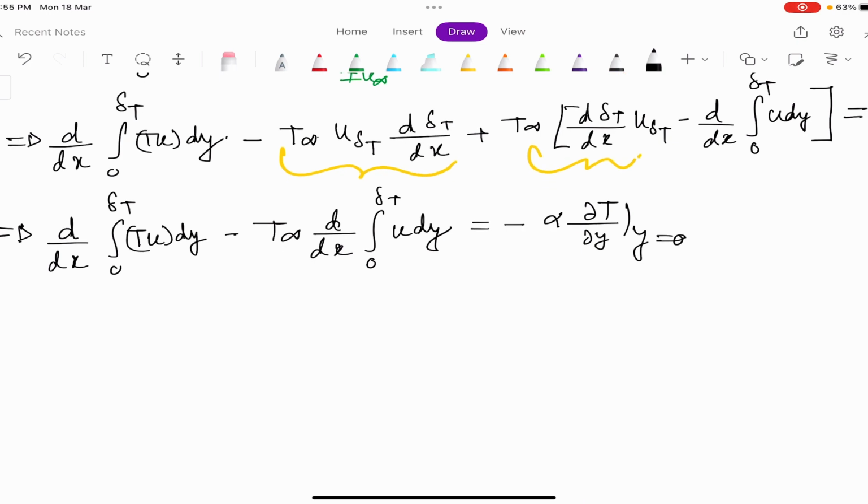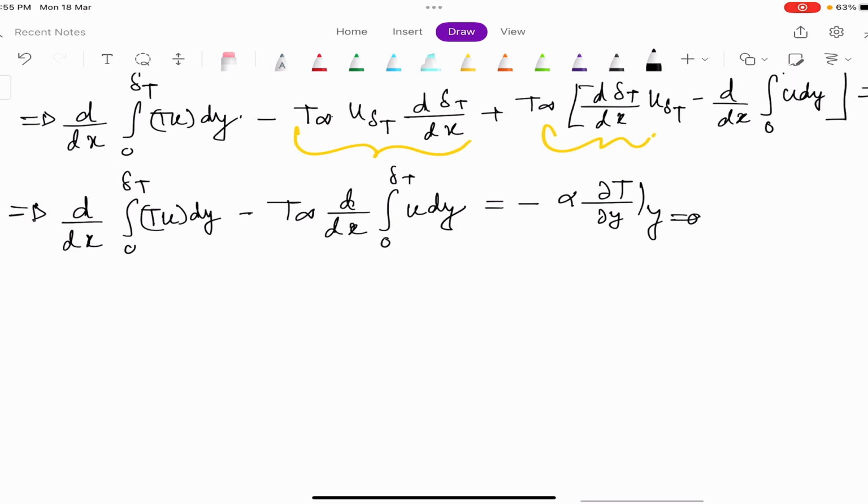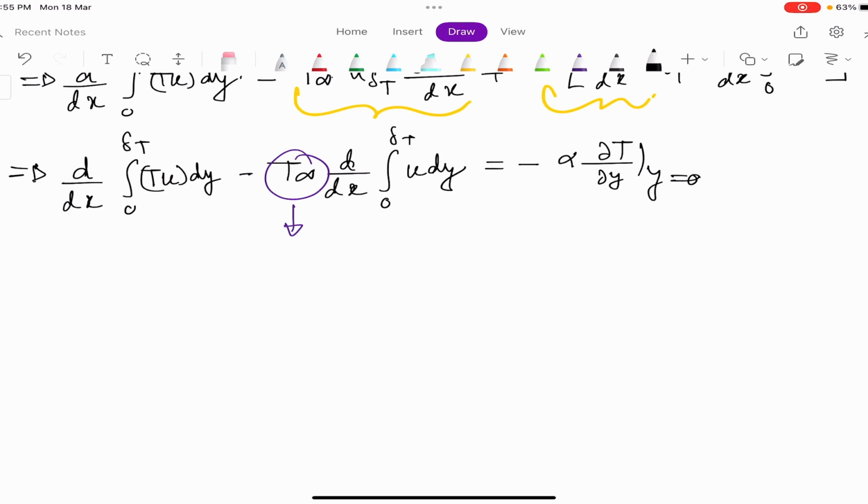First of all, T infinity is not taken as a function of x, and that is why we can write this, so let me write it from scratch.